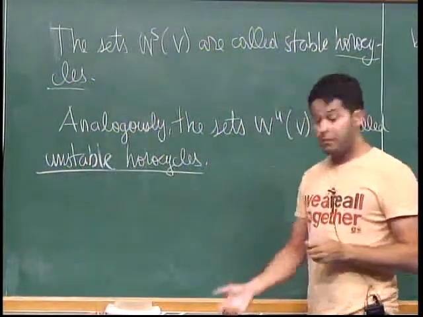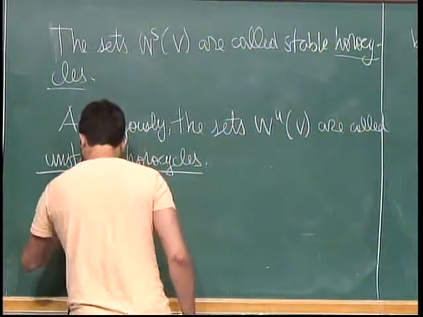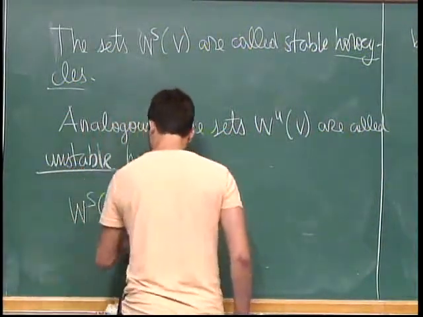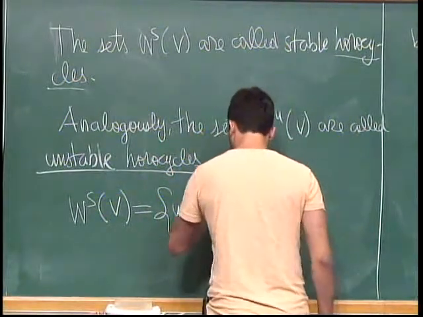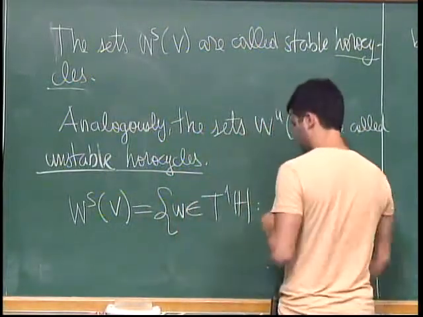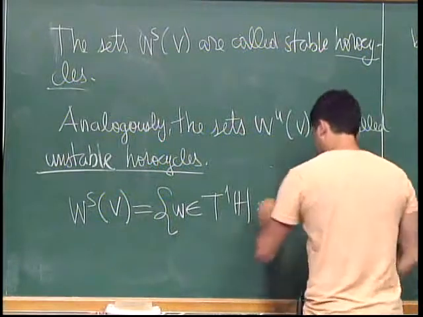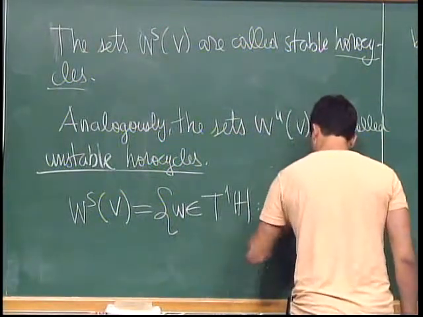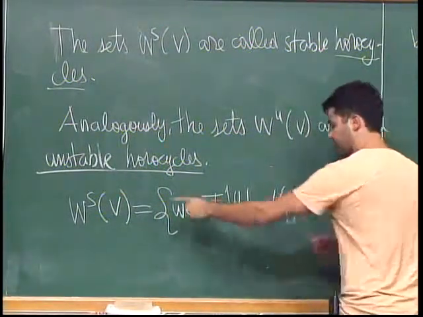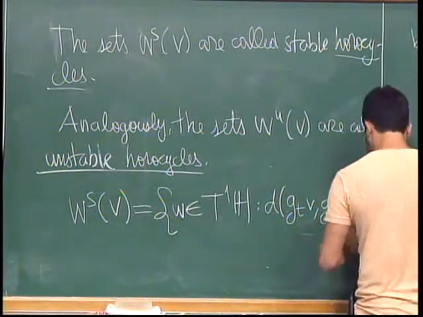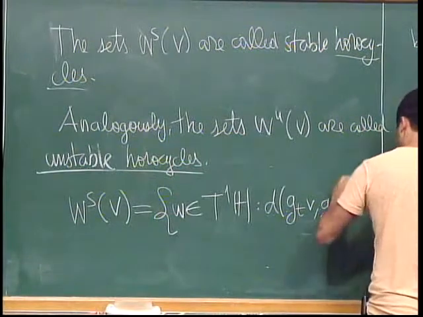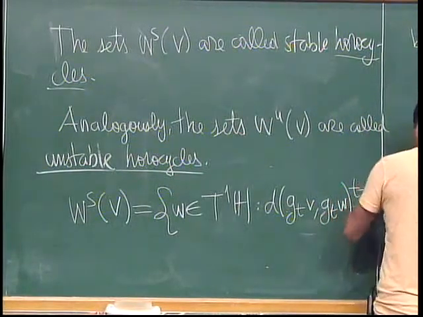Okay? Remember that from the dynamical perspective, what is the stable horocycle? It is the set of vectors W of unit length, such that when you consider the geodesic flow of the base point and the geodesic flow of this other point, this distance goes to 0 as the time t goes to plus infinity.